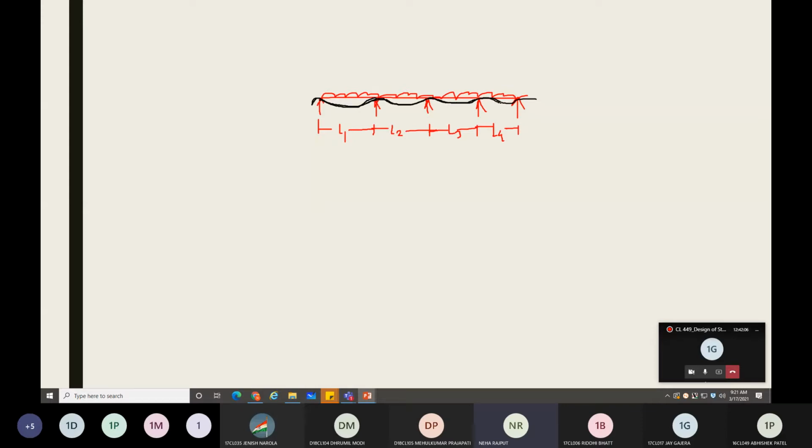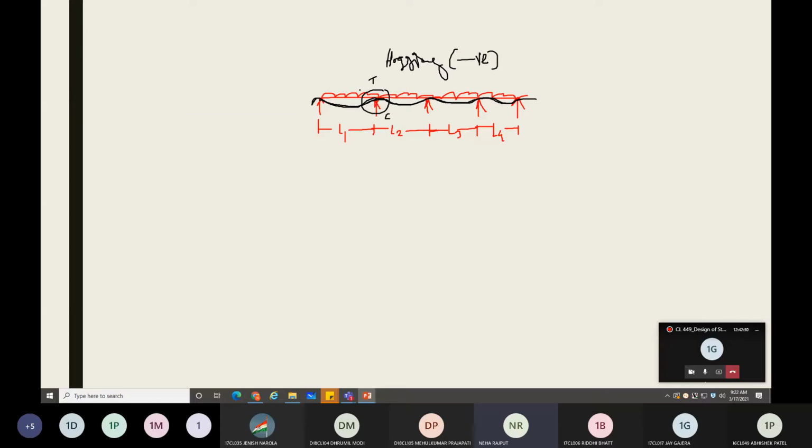So everywhere the support is fixed, that fixed support is facing the hogging moment, and hogging moment means negative deflection. Negative deflection means tension at top, compression at bottom.